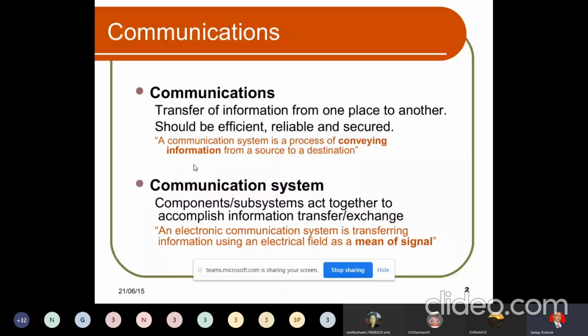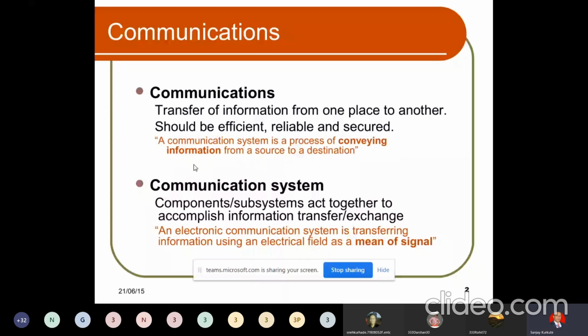For designing of communication system, we must have an idea about the communication, that is source and destination, and in between there is transformation of information. Next is communication system. What exactly is a communication system? It is components and subsystems acting together to accomplish information transfer or exchange.